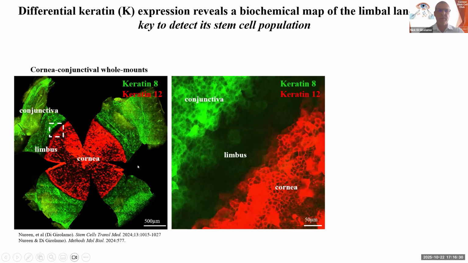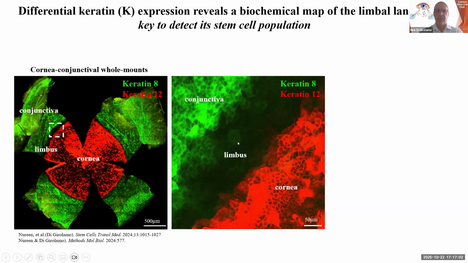So this is a representative image of a cornea which has been flattened, and it has the conjunctiva attached to the cornea per se, and it's been scored at four edges to facilitate its flattening. What you'll notice quite nicely is that all the conjunctival cells around the cornea stain green and all the corneal cells stain red. But there's this area in between the two different tissues that doesn't stain, and that's blown up in the image on the right.